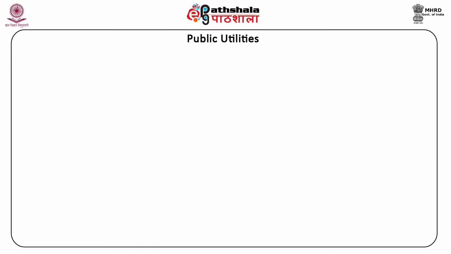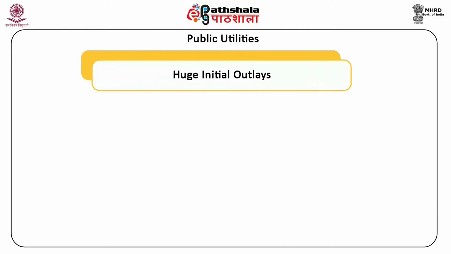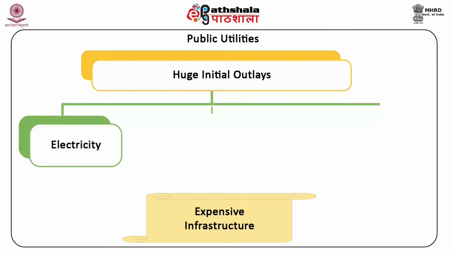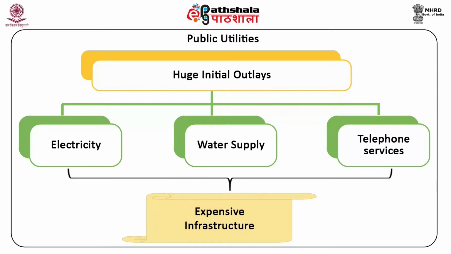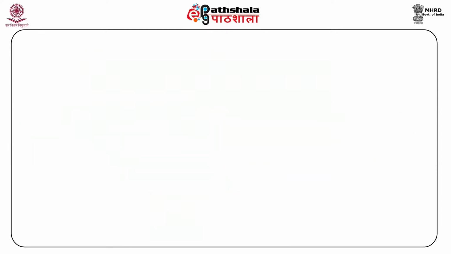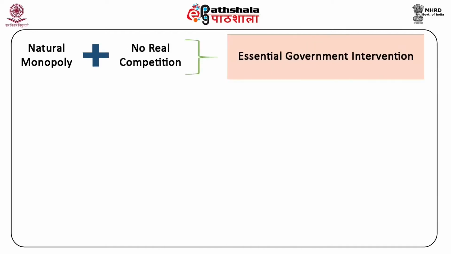Public utilities require huge initial outlays in the form of expensive infrastructure to deliver the good or service, such as in the cases of electricity, water supply, telephone services, etc. Hence, being natural monopolies and having no real competition, government intervention is essential to ensure that public utilities do not abuse their market power by setting higher prices.